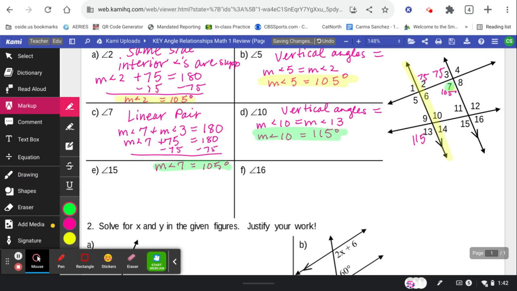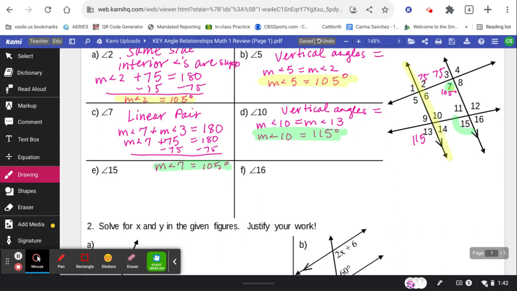Okay, angle 15 is over here. Angle 15 is corresponding to angle 13. Corresponding angles are equal. So we'd say measure of angle 13 is equal to the measure of angle 15.